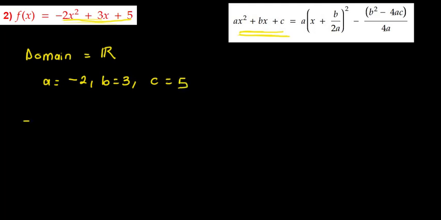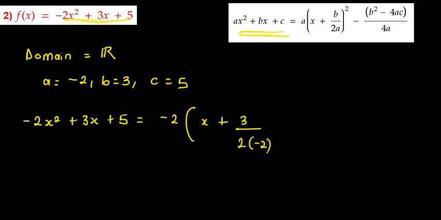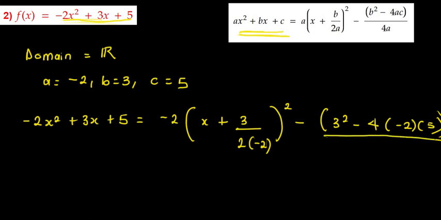So basically, minus 2x squared plus 3x plus 5 is going to be equal to minus 2 into x plus 3 over 2 into minus 2, all squared, minus 3 squared minus 4 into minus 2 and into 5, all divided by 4 into minus 2.